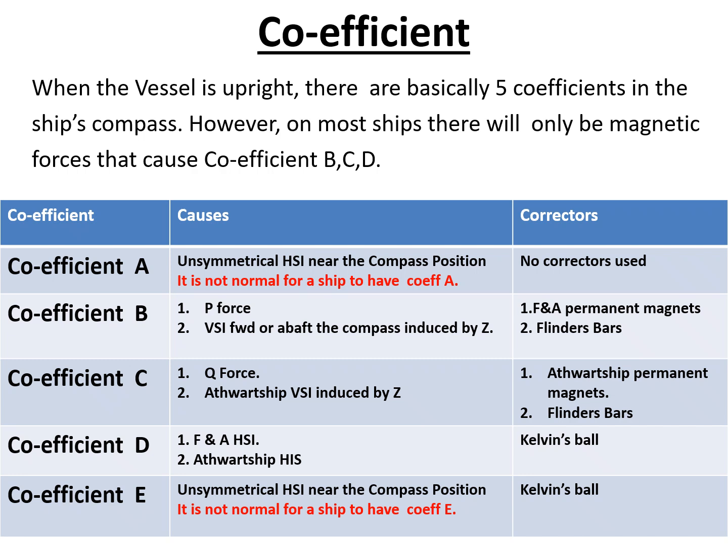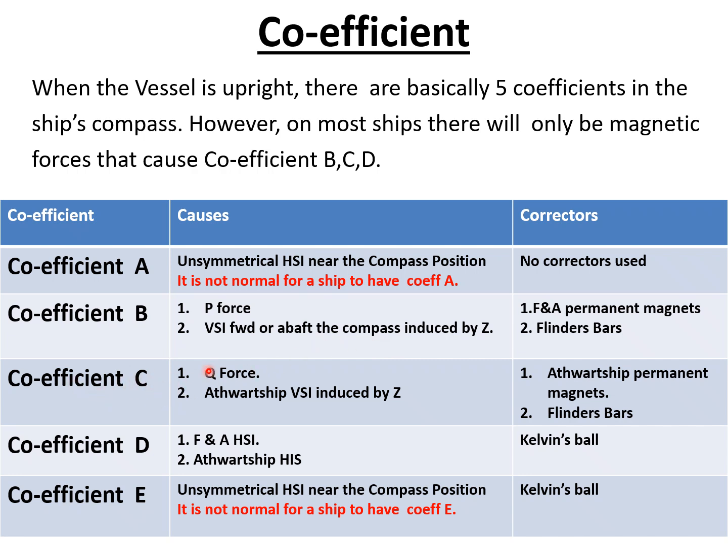And we have already seen this table, and we know that coefficient A is due to unsymmetrical HSI near the compass position, and for coefficient B, the reason is vessel's P force and VSI forward and abaft the compass induced by jet.